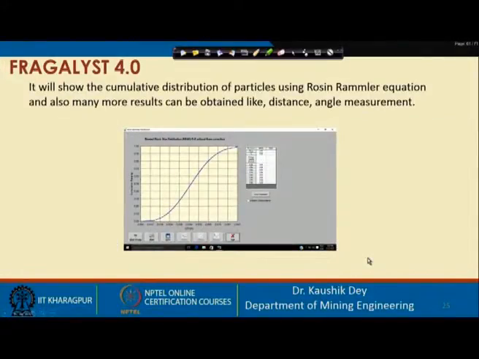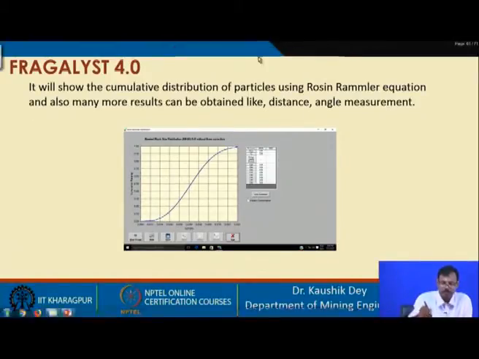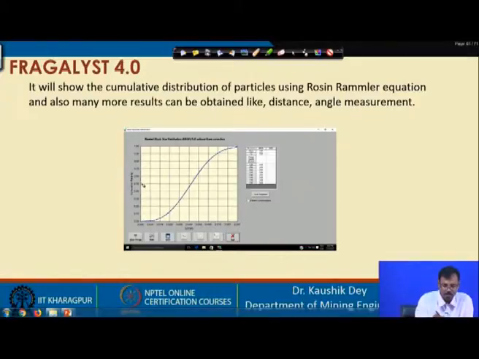Then the size distribution curve is prepared, from where this D50, this is D20, K20, and this is K80.